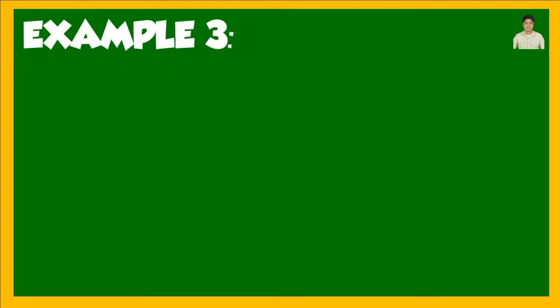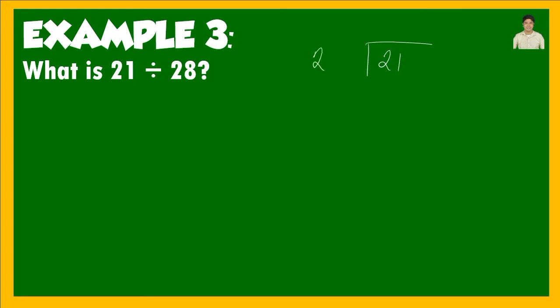So, let's have the third example. What is 21 divided by 28? So, 21 divided by 28. So, sulat natin 21, and then divided by 28. 21 or 2 divided by 28, that is 0.